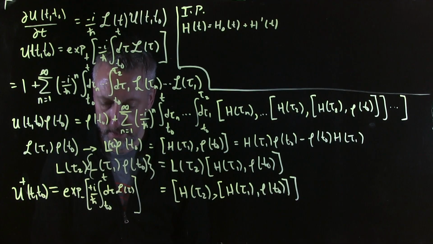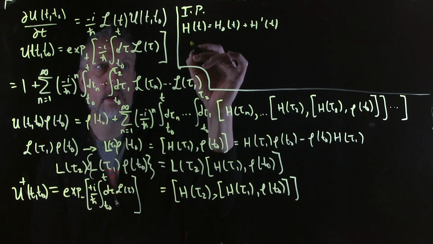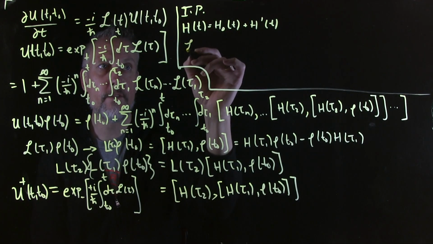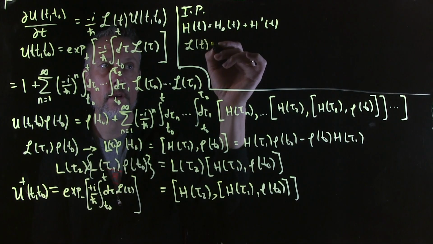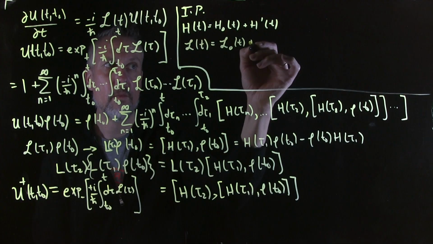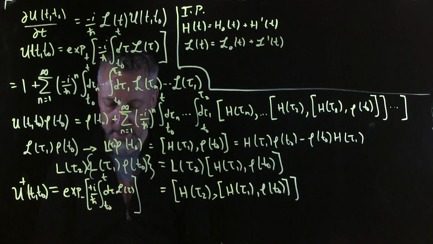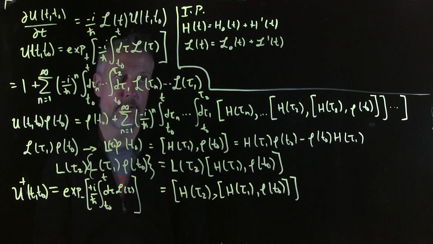Just any two pieces that you can break it into. And then the idea, of course, is if you have an H and an H prime, then you can come up with the L and L prime. So the Liouvillean will be an L naught part plus L prime. In direct analogy, right? And it's not even really an analogy. This is just, we're saying that this is.